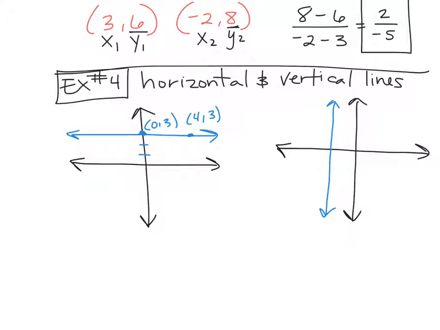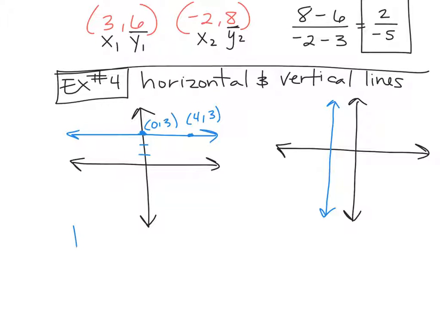Could you find the slope of that line right now? Do you have an x1, y1, x2, y2? Yeah. You do, right? So even if they don't plot the points for you, because you know where it is on the graph, you could still solve for the slope. I'm going to tell you what the slope will always be, but you can always solve for it, okay? Here's the deal.